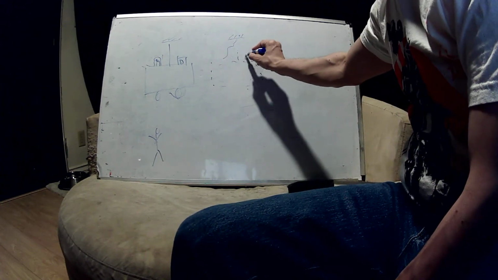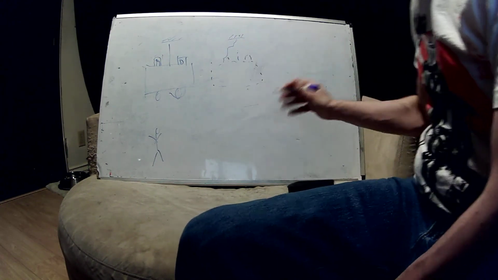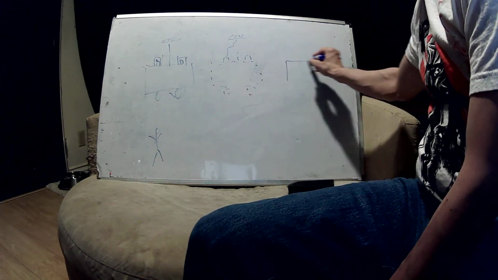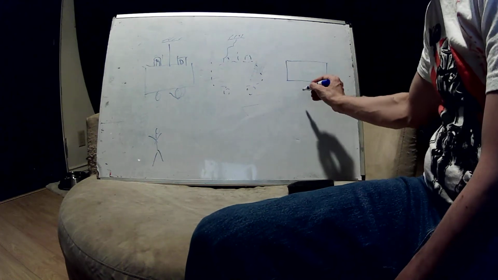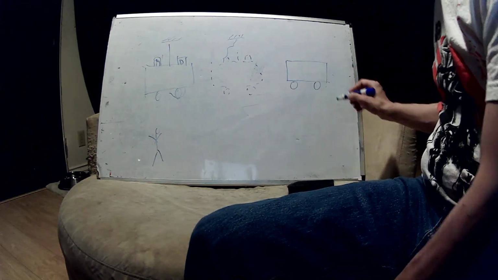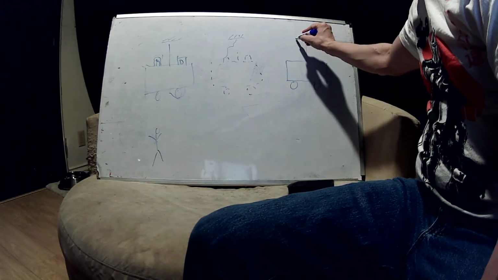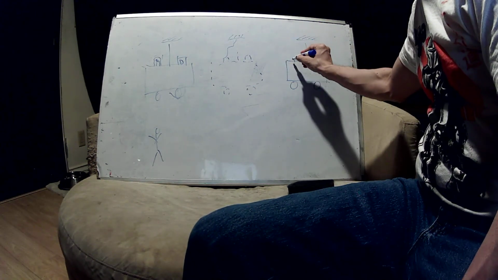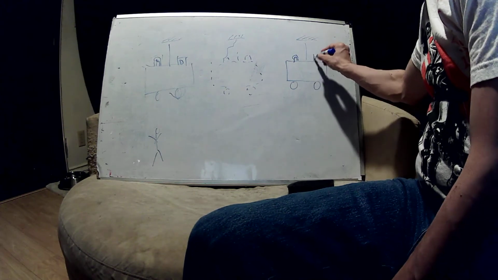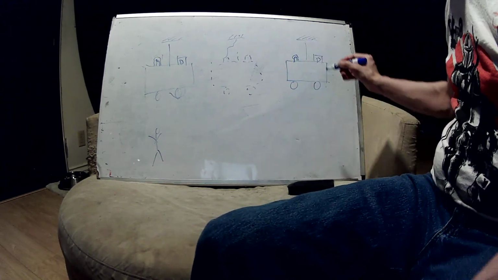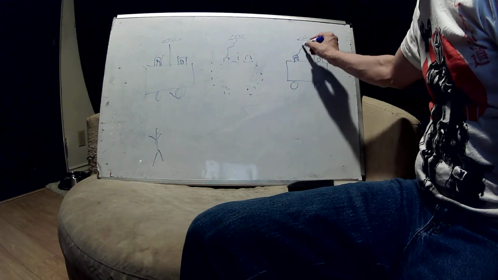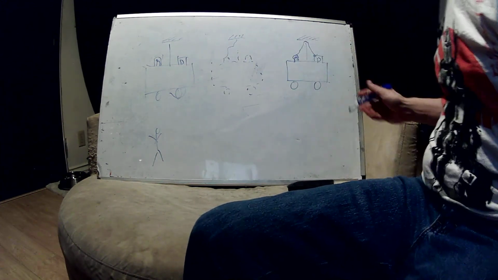Here's the wall, here's the detector, here's the light bulb, right? And then finally, at some later time, here's our wall, here's our mirror, here's our light bulb, and here's our photodetector, right? And then eventually, the light will have gone all the way up and all the way back down to the detector.